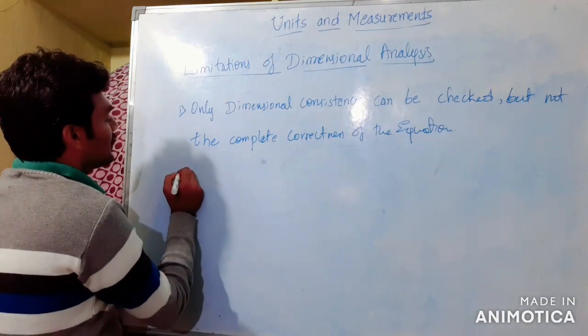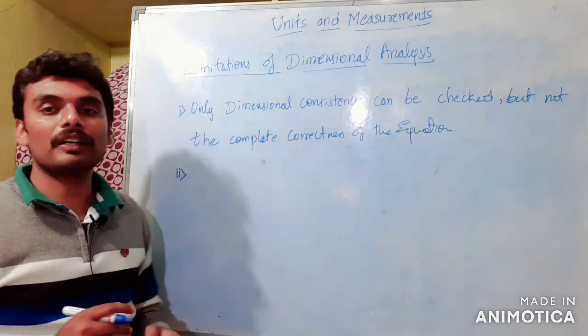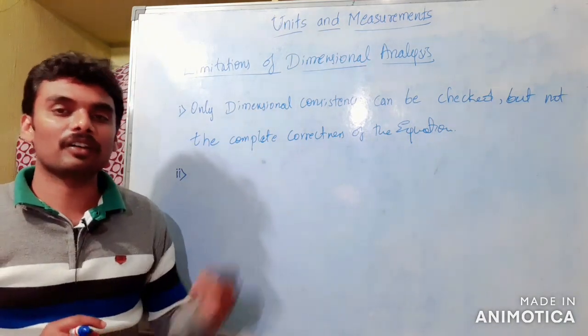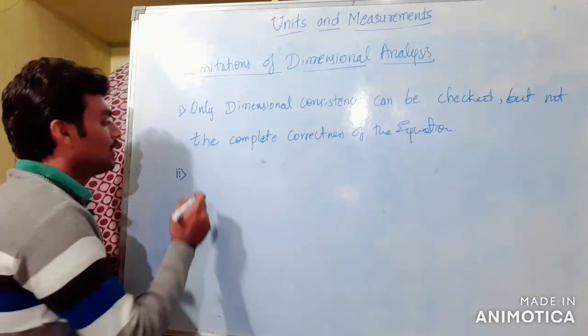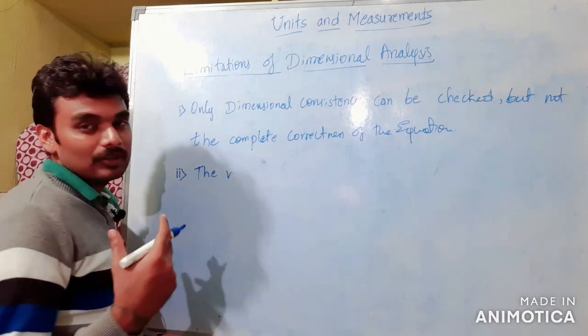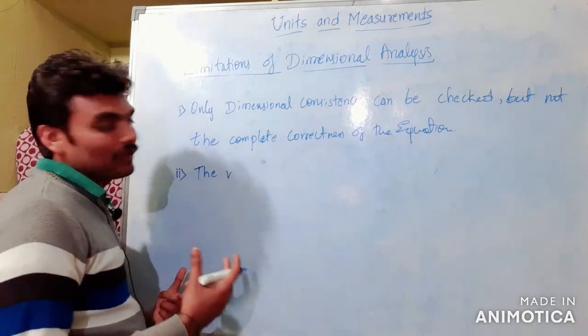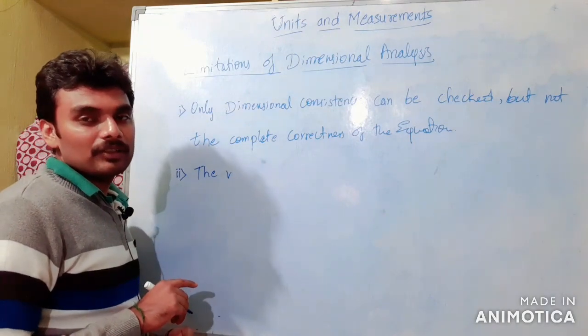Moving ahead, the second limitation is about deducing or deriving the relation between different physical quantities. Just before this discussion we derived the expression for t, isn't it?